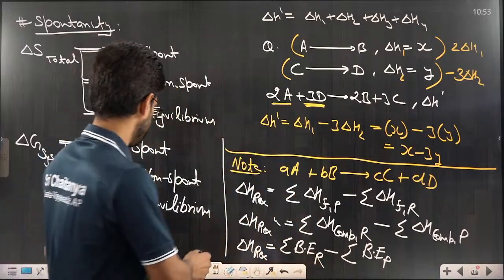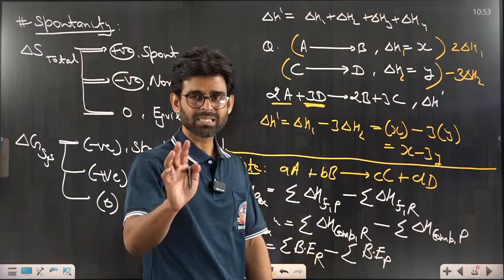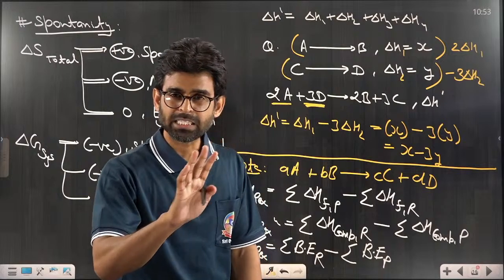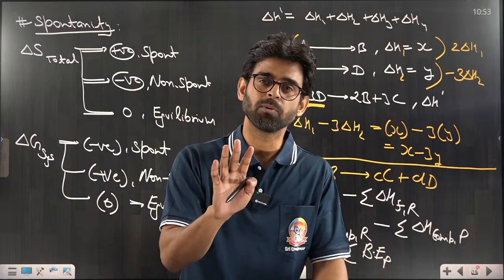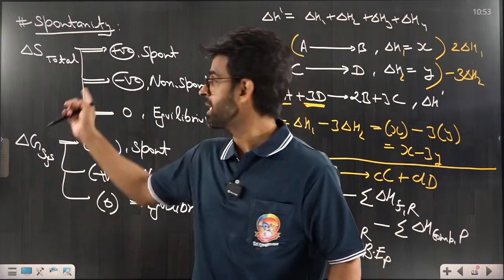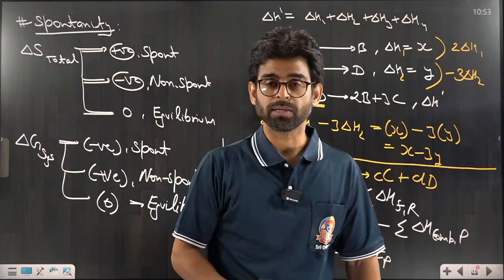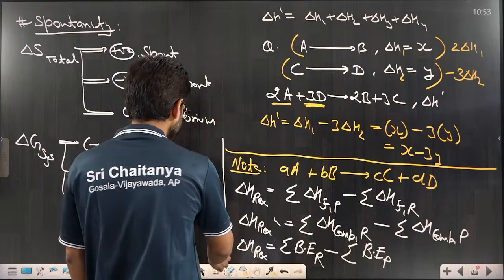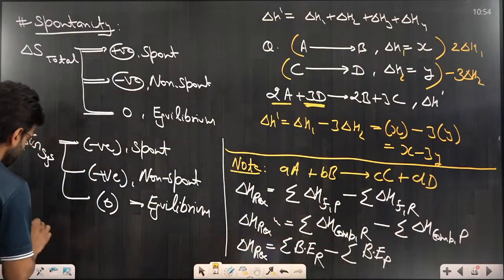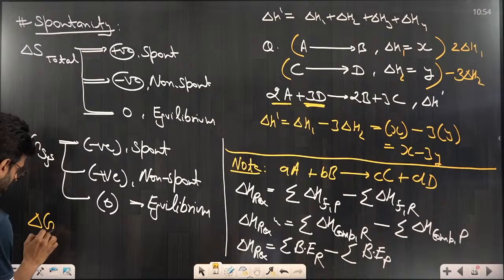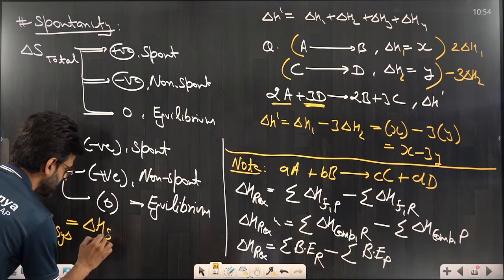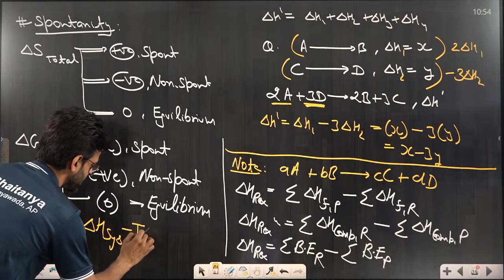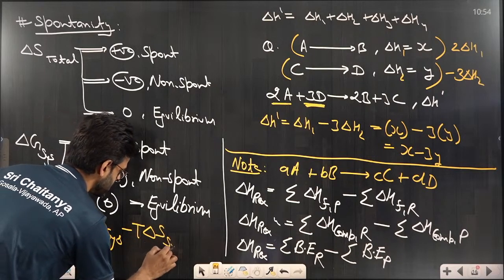Alone, delta S system, delta S surrounding, or delta H system can't find spontaneity. Be careful about it. And if you want to find delta G system, you can use the formula: delta H system minus T delta S system.